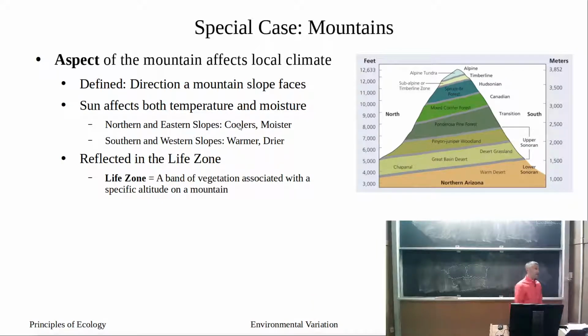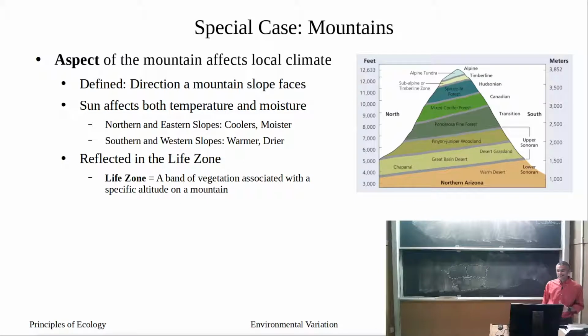Mountains present another special case. Not only do they affect precipitation, but we also have microhabitat variation on our mountains, and it's due to the aspect. The aspect is the direction that a mountain face or slope faces. We can look at a south-facing, north-facing, east or west-facing mountain slope.